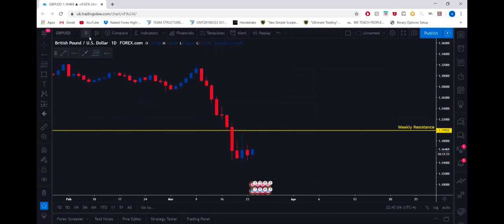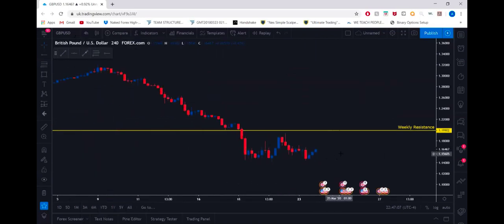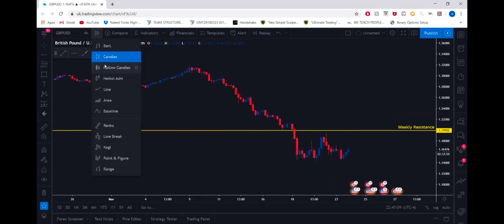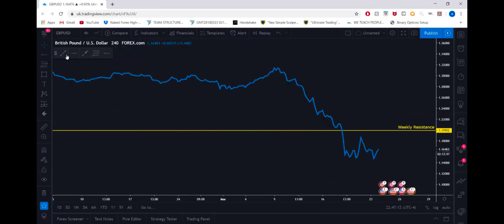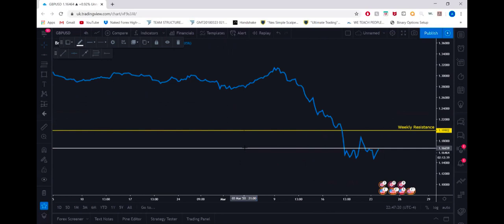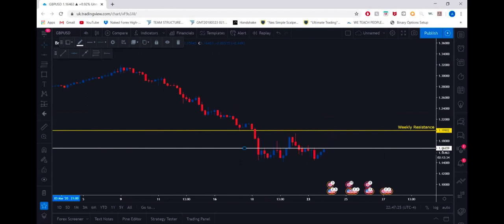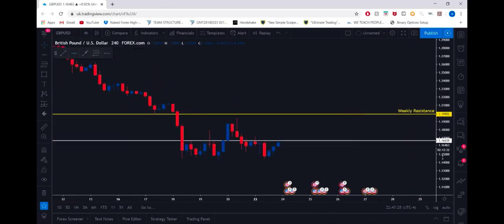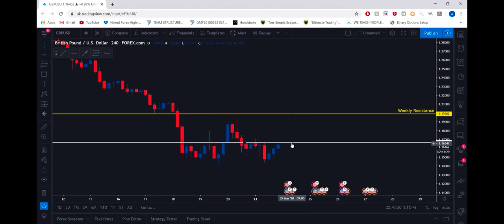Alright, well, we might get some momentum back to the upside. I'm gonna mark this. Okay, yep, right there. So this could be recovery on GU, 1.1660.